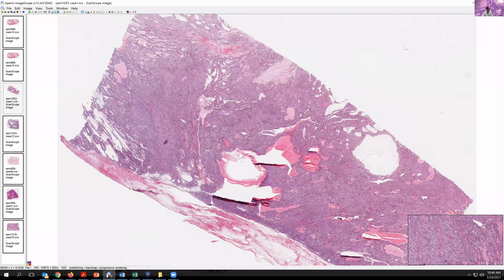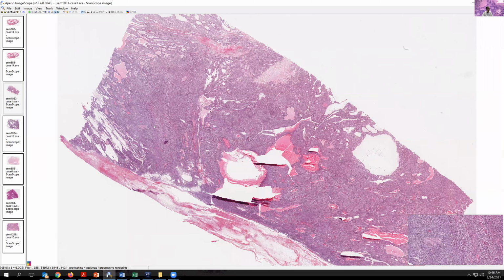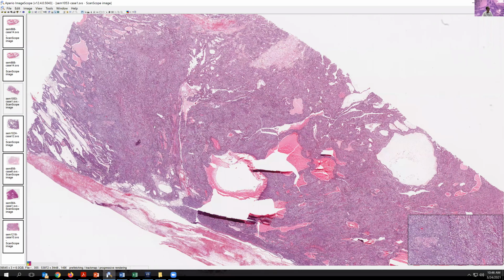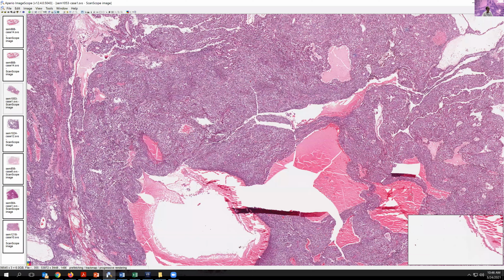Even a few sort of filigreed areas. And so looking at this lesion at low magnification, one could easily begin to think juvenile granulosa cell tumor, maybe Sertoli-Leydig tumor, and think about some of those primary lesions.